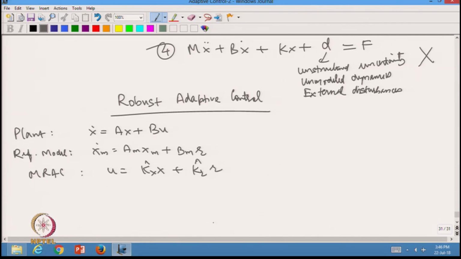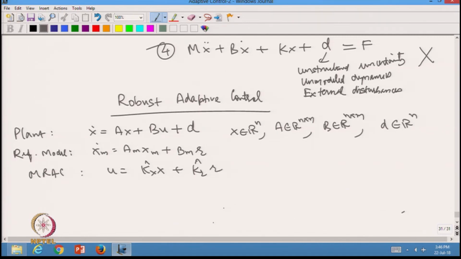Now, suppose this plant experiences certain external perturbation, and we denote that by D. Let us also make this more complete by mentioning the dimensions here, and D is in R^n.